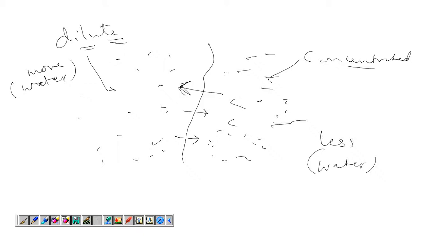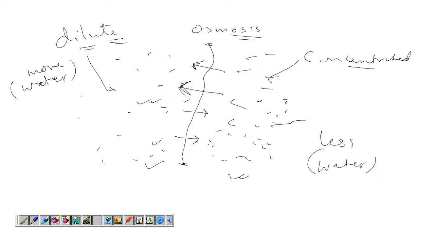This is quite normal in the process of osmosis. Both sides of the fluid can move across the semi-permeable membrane, but the resultant is that after the process of osmosis completes, the concentration of water becomes equal on both sides.